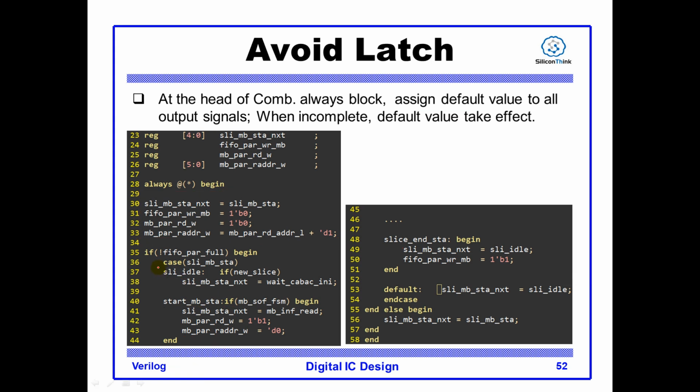So let's take this segment for example. For this segment, we have just updated one signal. So the default value will be automatically put right here. Or you can understand it as your default value has been automatically copied here.